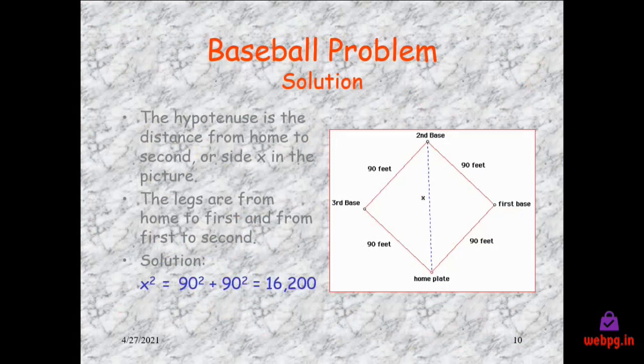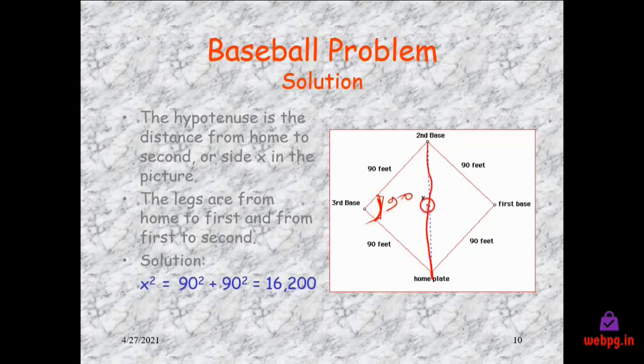As you see here, x square equals 90 square plus 90 square, right? Then they consider this one x square. Now let me tell you what they did. They consider the total one as x, and this angle should be 90 degrees, right?